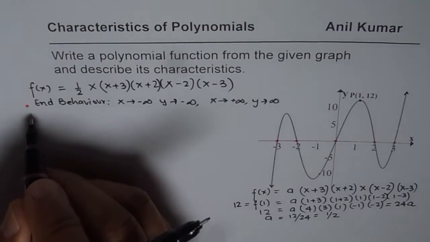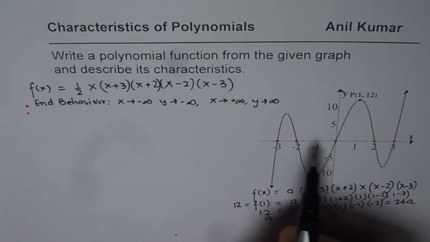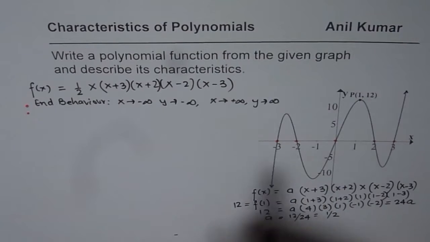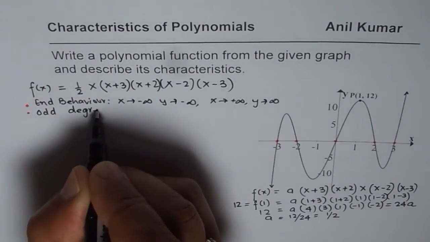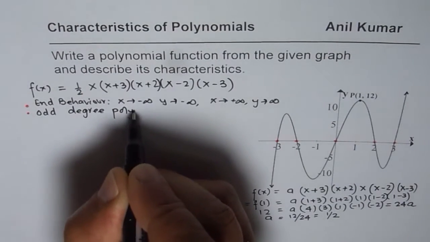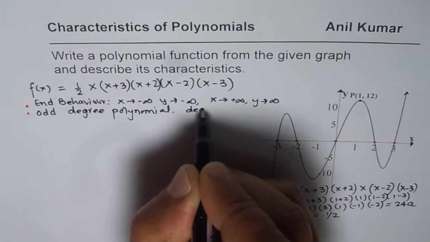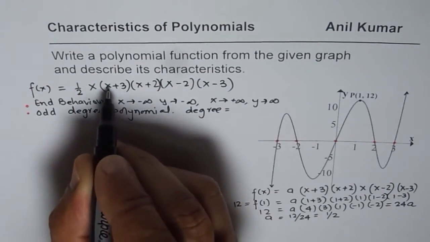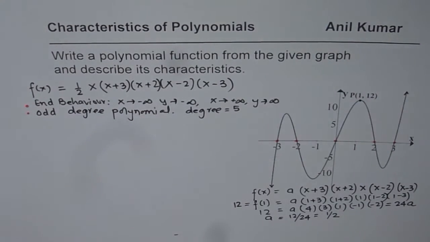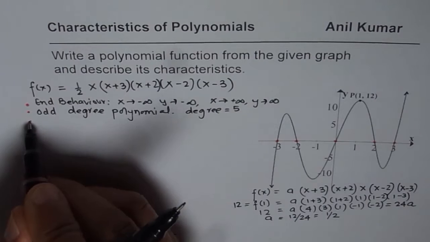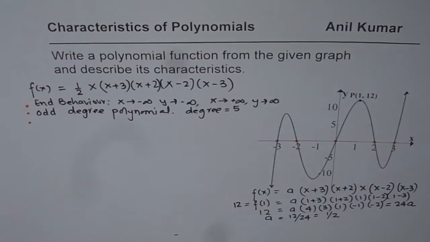And then you also notice that the polynomial has degree 1, 2, 3, 4, 5. So it is an odd degree polynomial where the degree is equal to 5. We could write the degree from this particular equation also. Now, since the right side is up, we know the leading coefficient is positive, right?